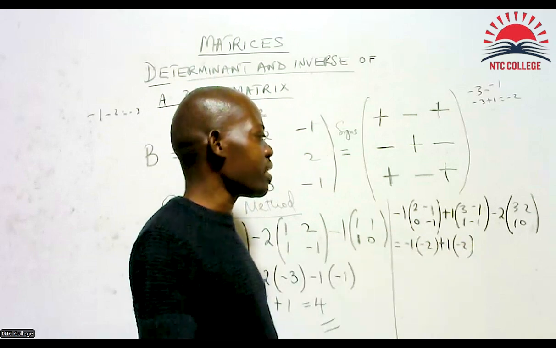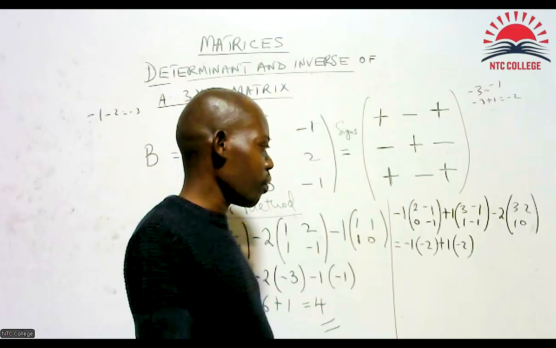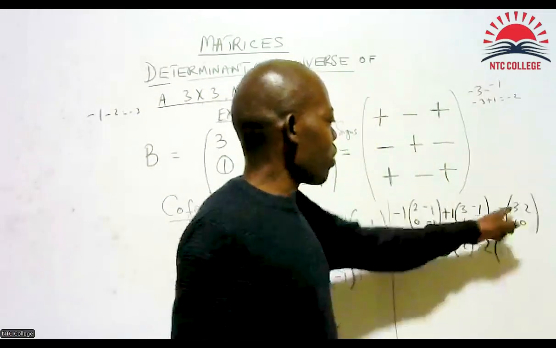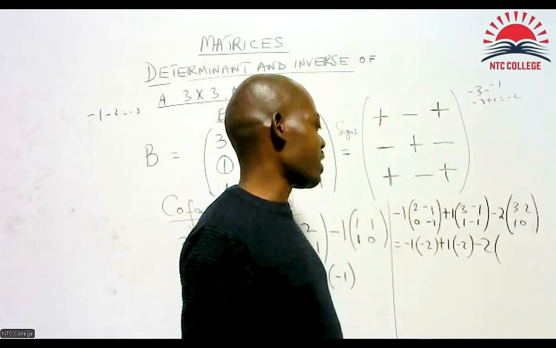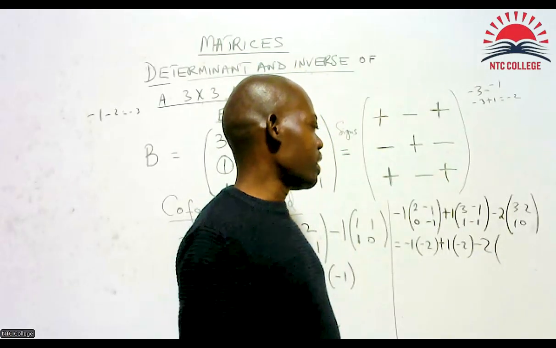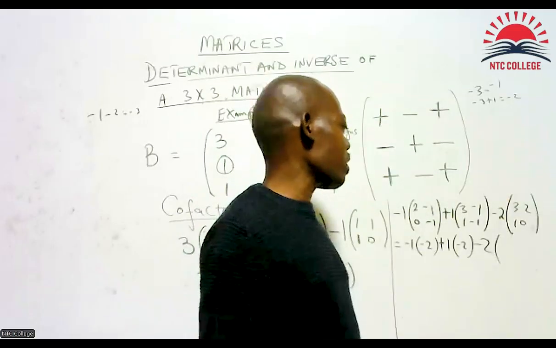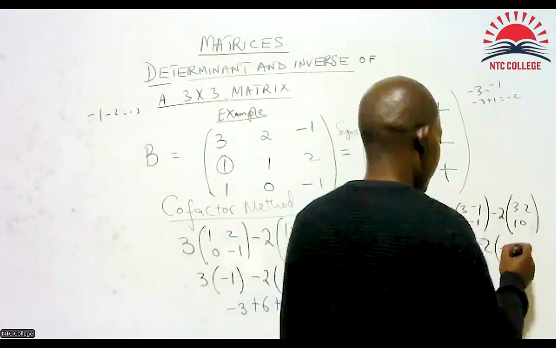You must always view that. Then -2 into 3 times 0 is 0, minus 1 times 2, that is 0 minus 2, which is -2.